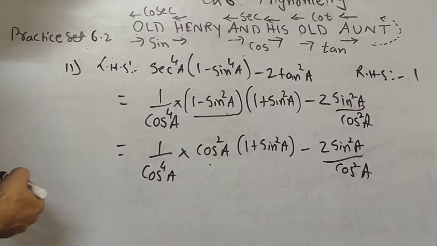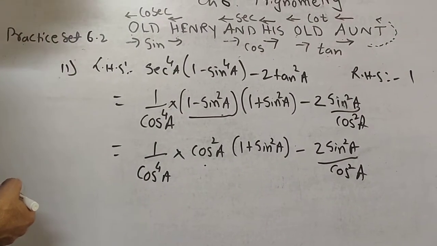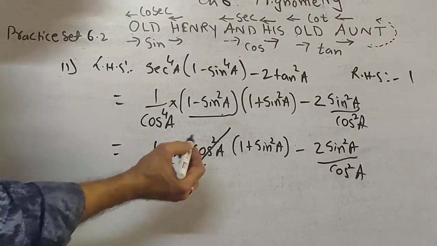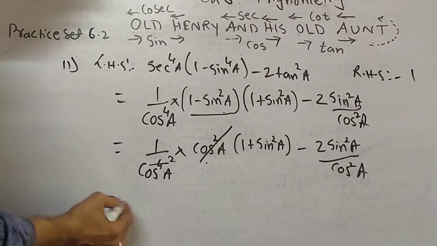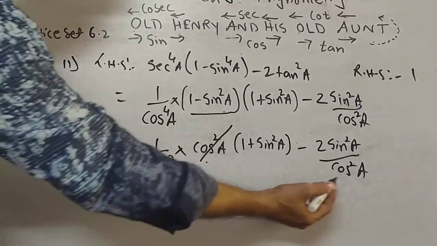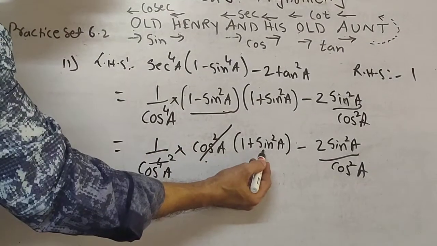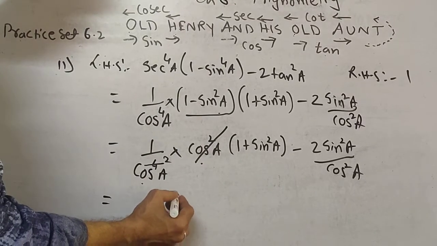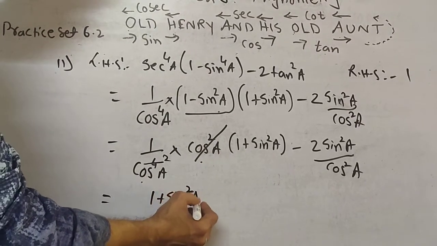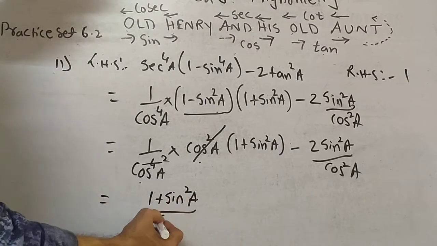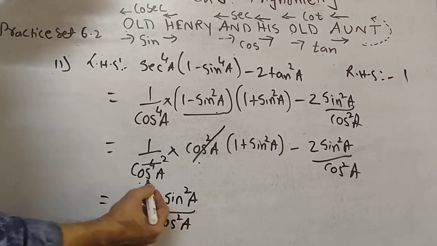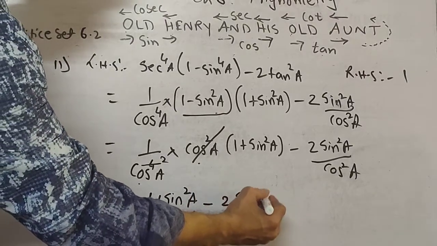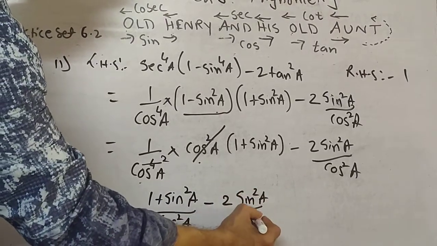You know sin square a plus cos square a equal to 1. Now this will cancel, and since it is 4 it will become 2. Here you can see cos square here and also cos square. So 1 plus sin square a upon cos square a, and minus 2 sin square a upon cos square a.